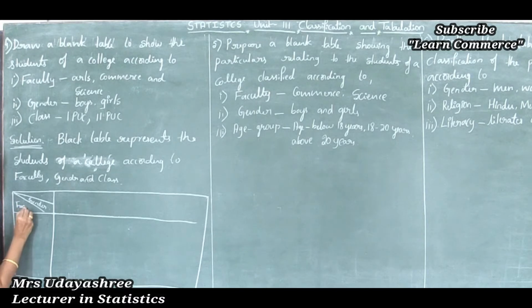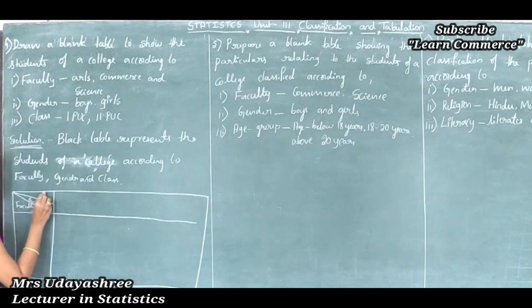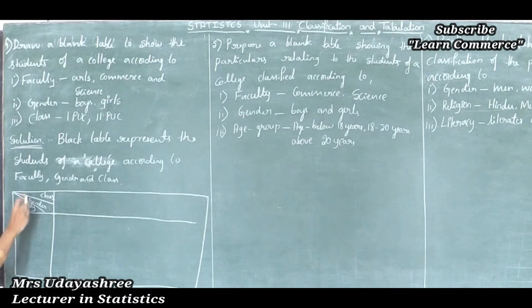That is faculty, and here I will write class. Under this faculty classification I will write the classified observations, that is arts, commerce and the last one is science.